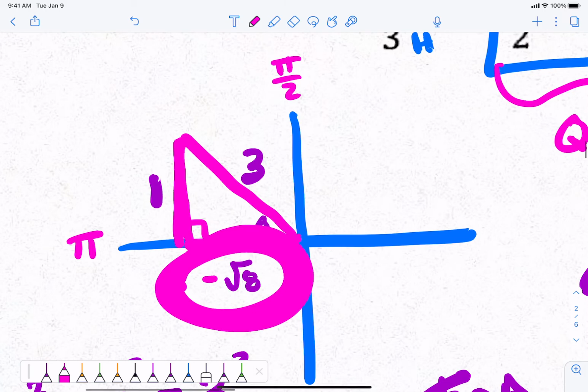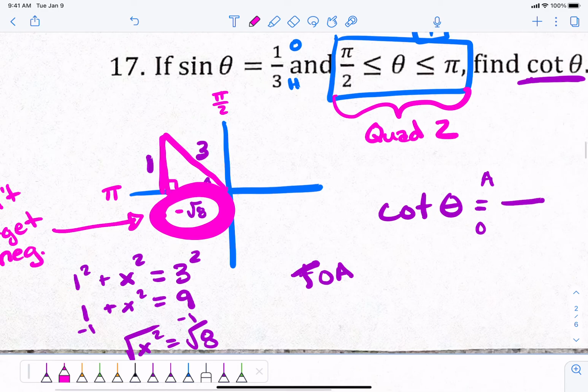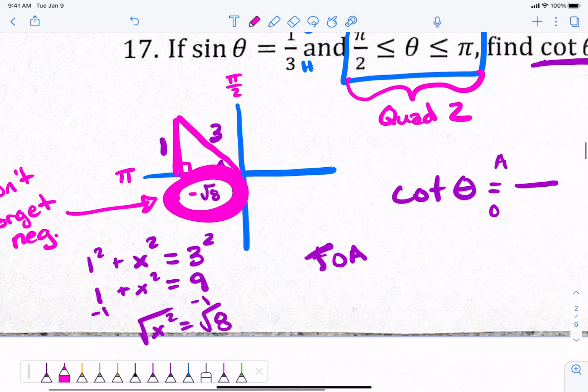Negative square root of 8. So I'm going to put a little note. Don't forget negative. Now, it won't always be negative. If it was in the first quadrant, we wouldn't have to put that negative there. But you see why it is negative? You're going left, which means negative, right? The 1 is positive, so the 1 goes up. So you need to make sure you have that negative in there if he needs to be negative, right?